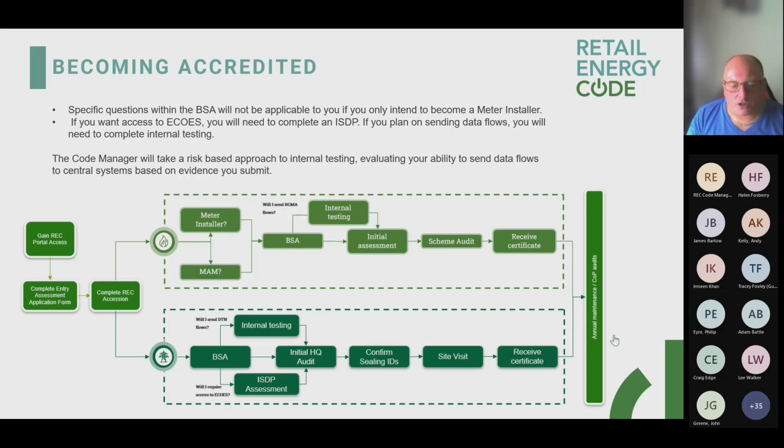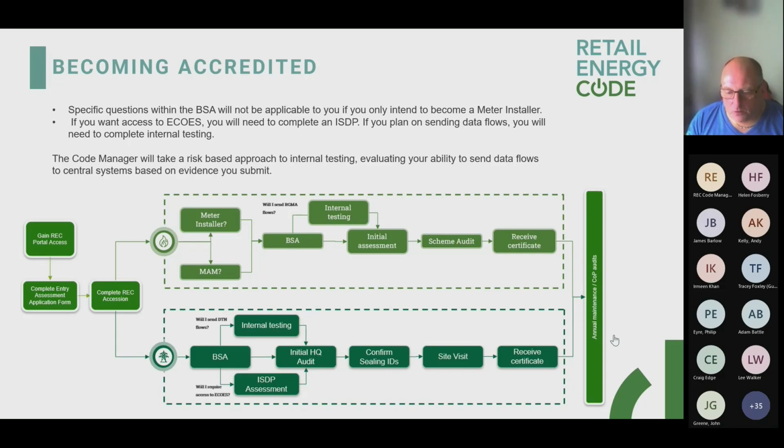If any are lost or stolen, you have an obligation to report it to the REC so that they can monitor it. Once all that's done and everything's set up, you are then going to have a site visit. The number of site visits that you will receive will depend upon how many operatives you've got and what sort of work you're going to be doing and in what areas.